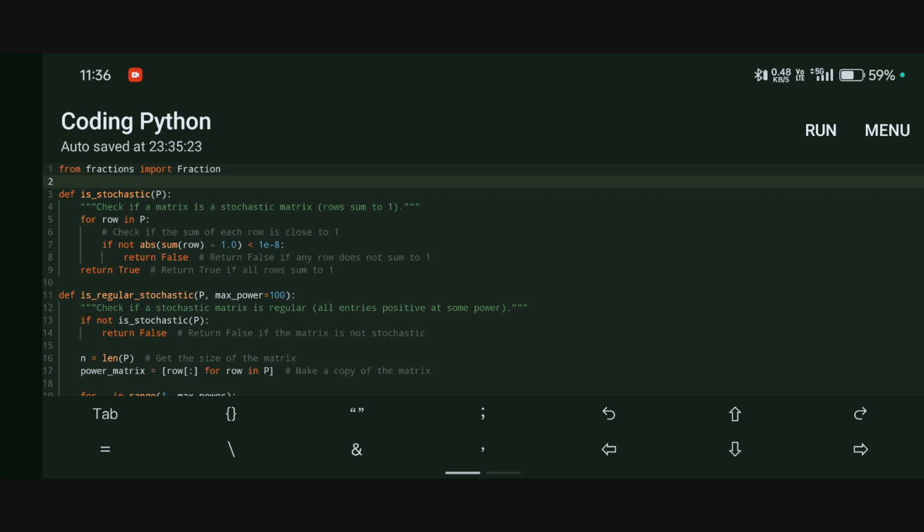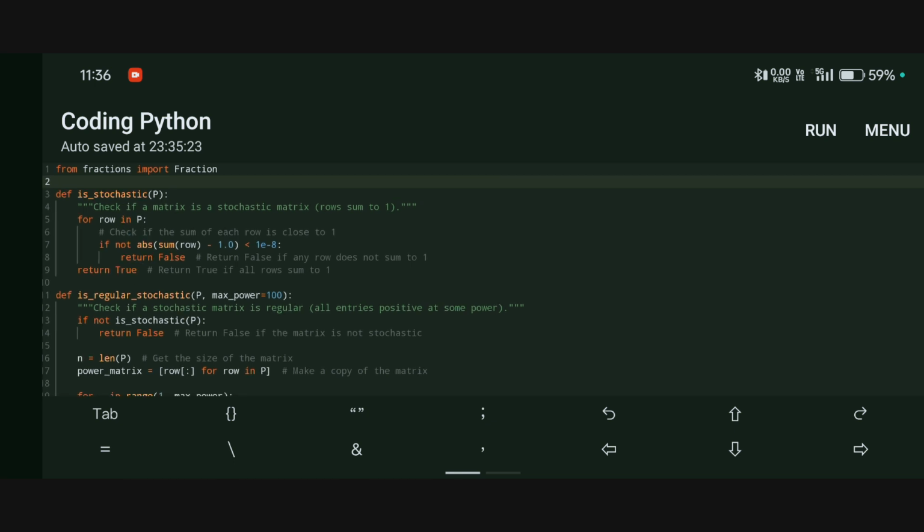Okay, let's start, guys. We have covered the important definitions in Markov chains: what a probability vector is, what a stochastic matrix is, and what a regular stochastic matrix is. We can solve these using a program in any language.